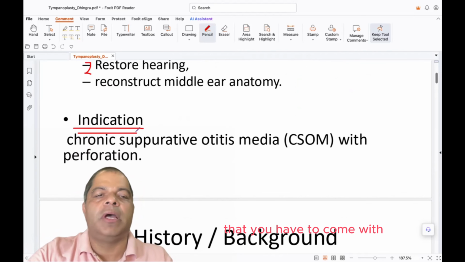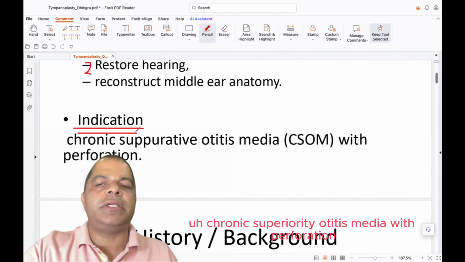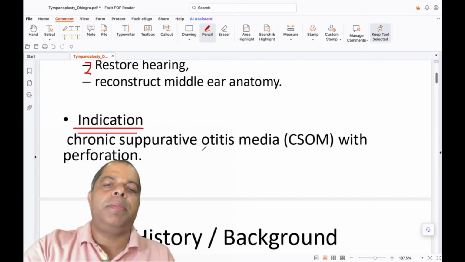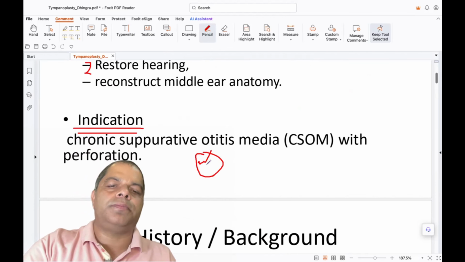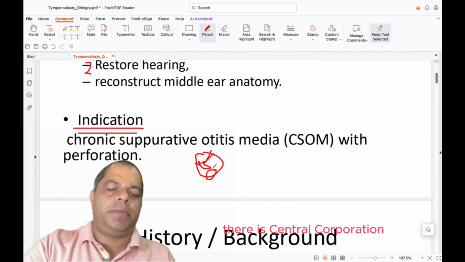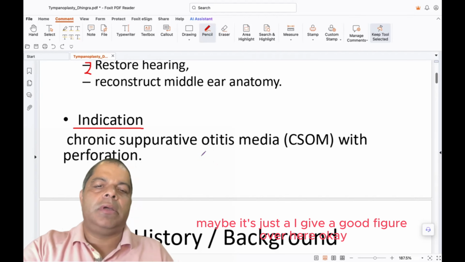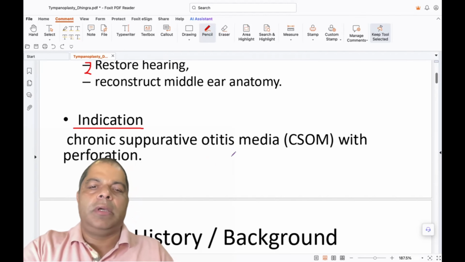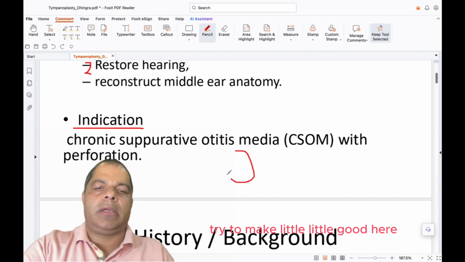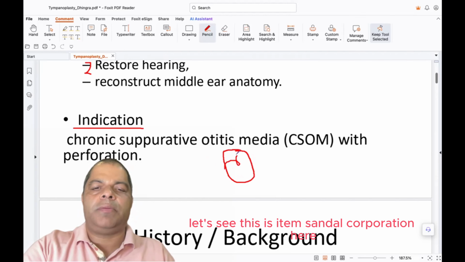You have to come with chronic suppurative otitis media with perforation. Maybe this kind of perforation, a central perforation. Let me give a good figure over here. Let's assume a central perforation.